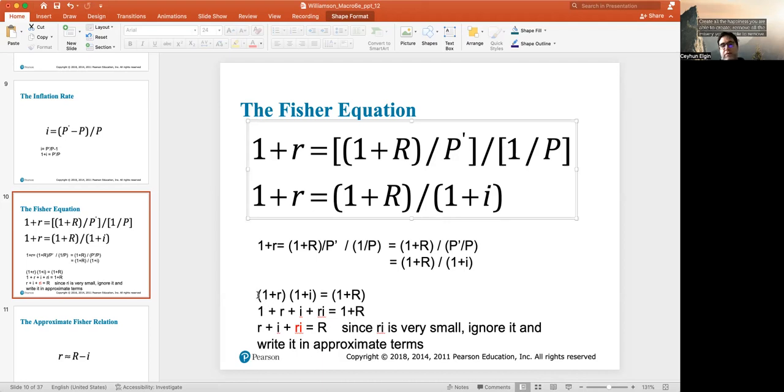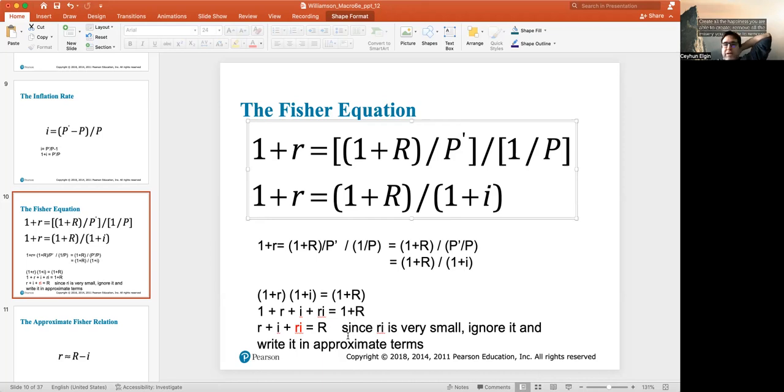If we do that, 1 plus r times 1 plus I is equal to 1 plus R. If I open up the parentheses, if I do this multiplication, 1 plus r plus I plus r times I is equal to 1 plus R. I can cancel out the 1, and I end up with lowercase r plus I plus r times I, this red term, is equal to capital R.